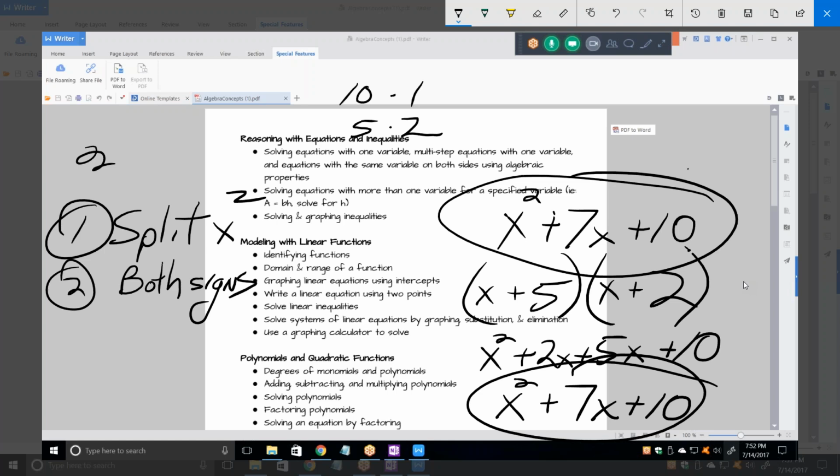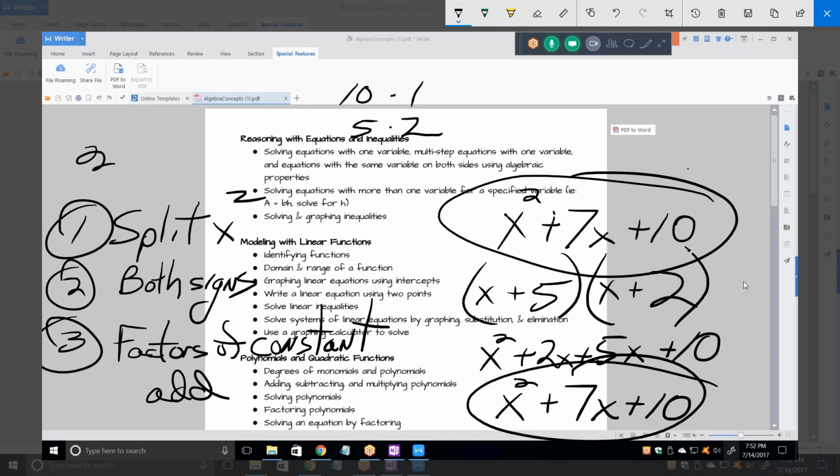Okay? So, the third step in very, very simple ones, like the one I've given you, is factors of the constants, because that's what the plus 10 is, the constant, that add, because of the plus sign in front of the 10, to the middle coefficient.